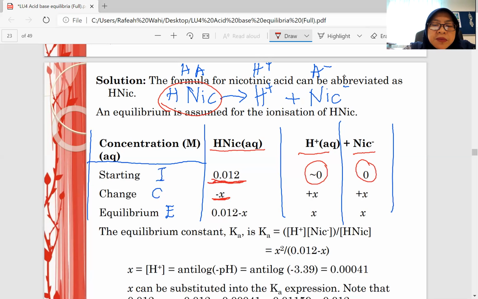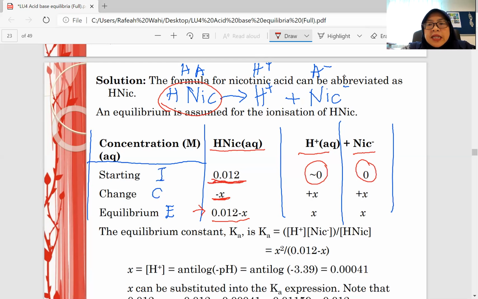So what happens at equilibrium? At equilibrium, you will have 0.012 minus X. This is the final concentration at equilibrium, after the dissociation process. What happens to the concentration of H plus ion and the conjugate base?